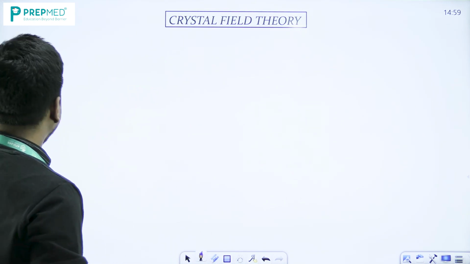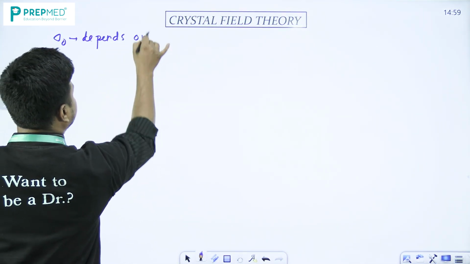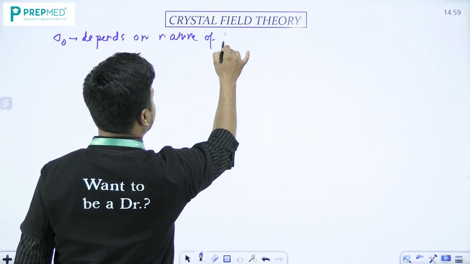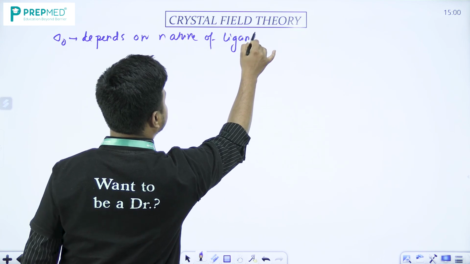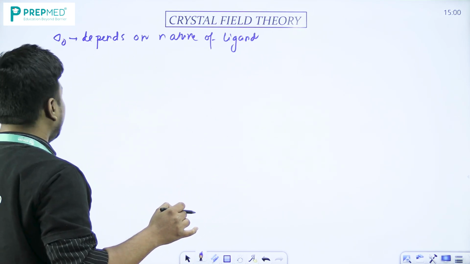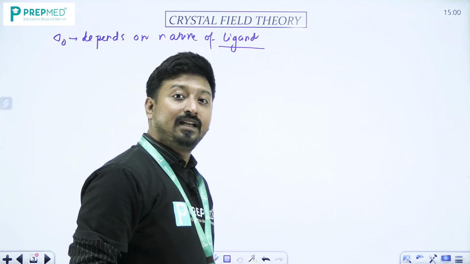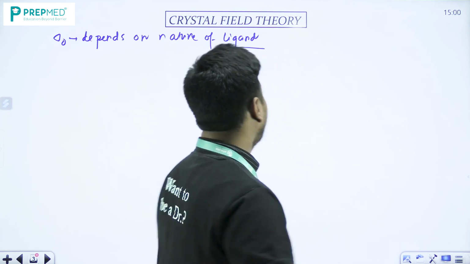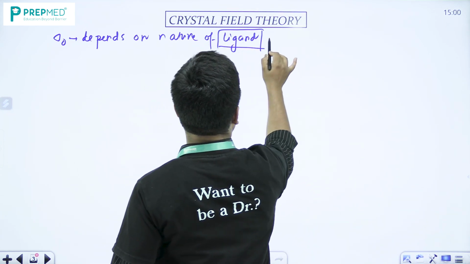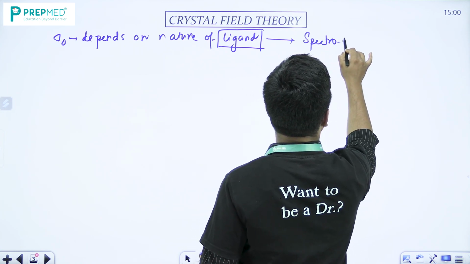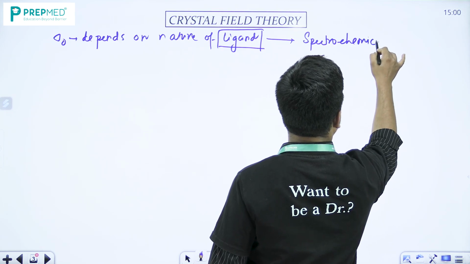So basically, the value of delta O depends on the nature of the ligand, and due to this nature of the ligand, you have a range of different types of complexes. And this part can be completely explained by something called the spectrochemical series.